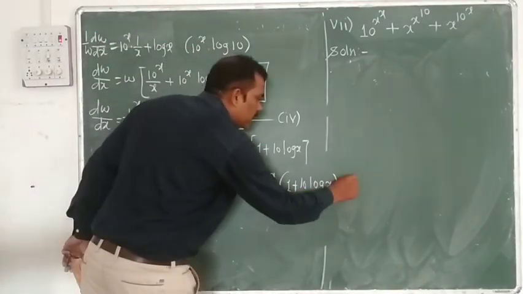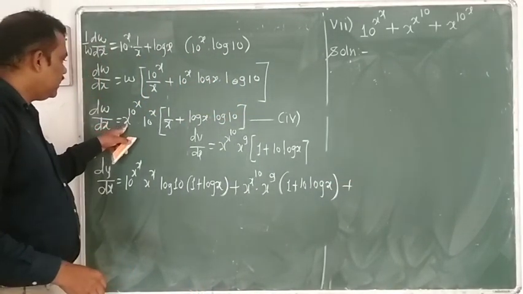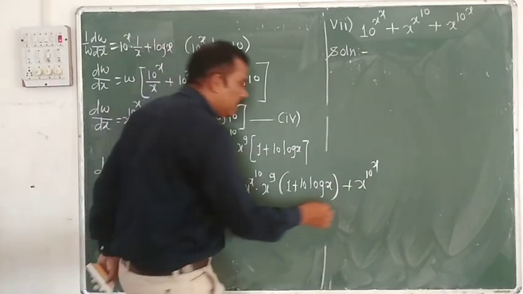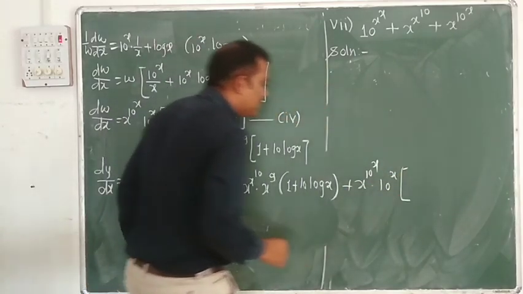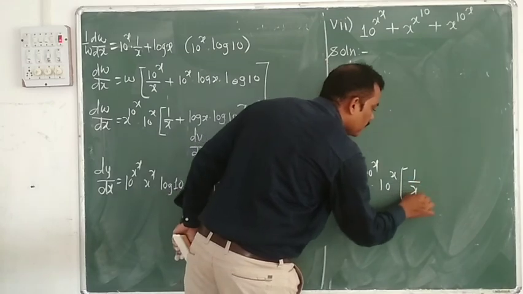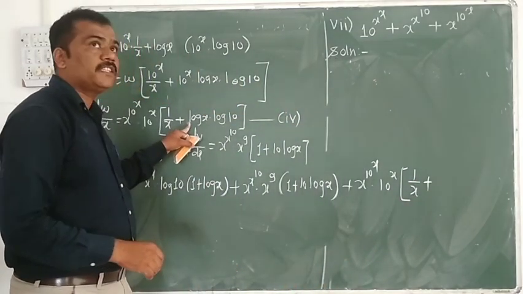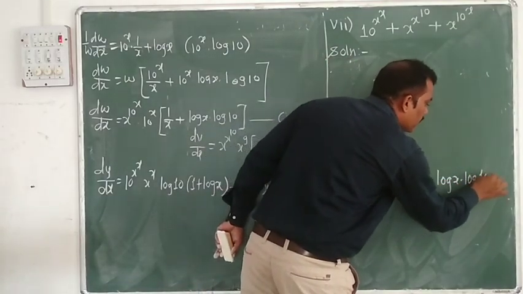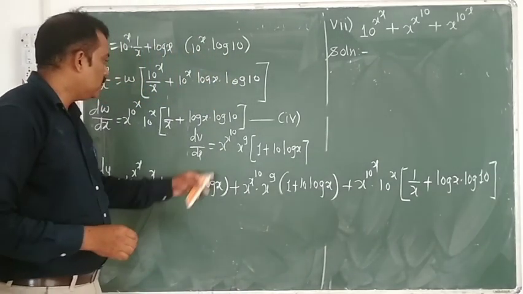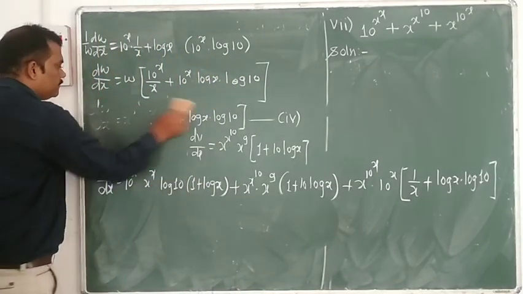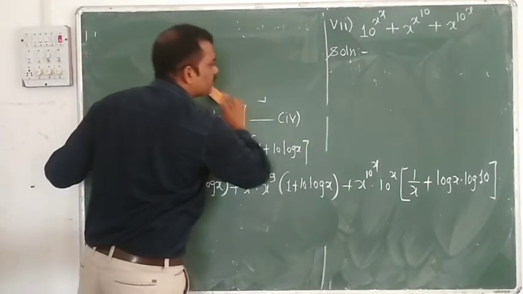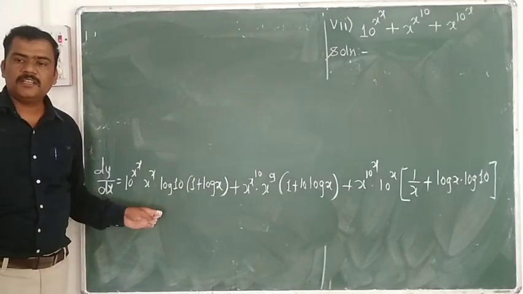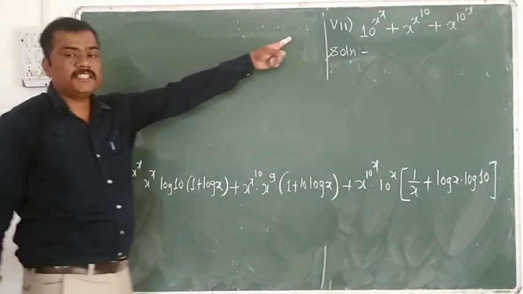Plus we can substitute the value of dw by dx here, x raised to 10 raised to x into 10 raised to x into bracket 1 upon x plus log of x into log of 10. This is the required answer of the given example. This one, example number 7.